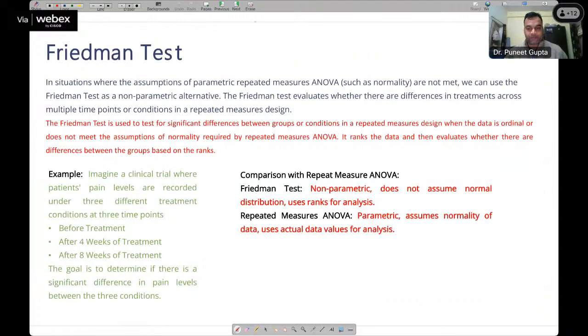So let's move to the final test for today, that is Friedman ANOVA, and that is the non-parametric alternative of repeated measure ANOVA, right? So again, it is an alternative of repeated measure ANOVA.